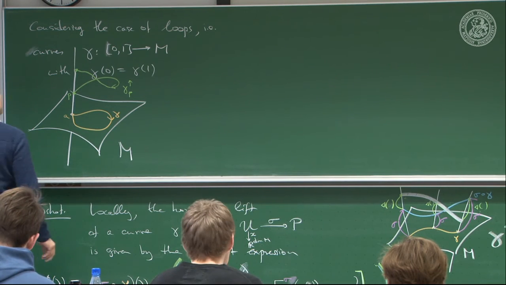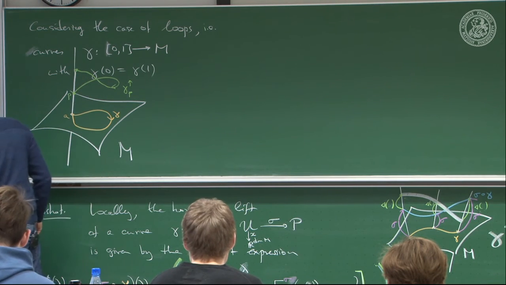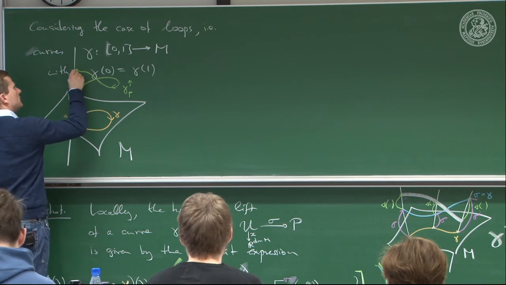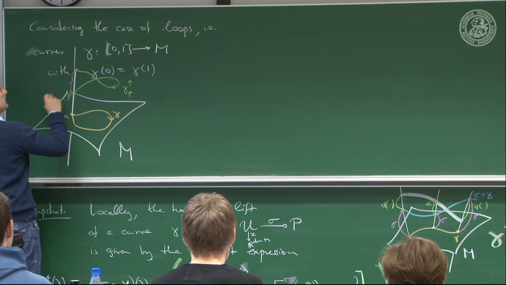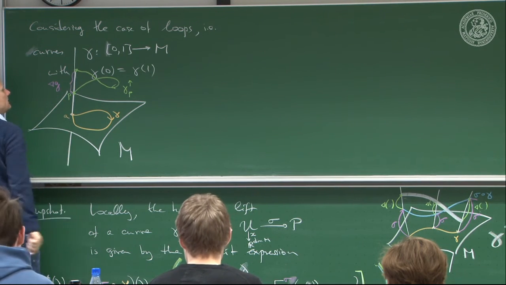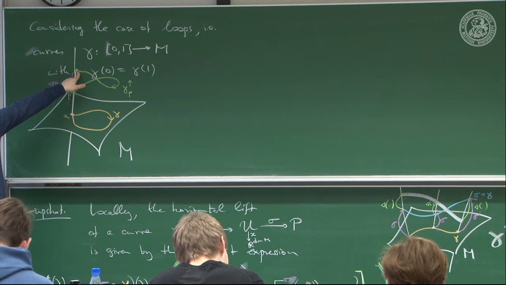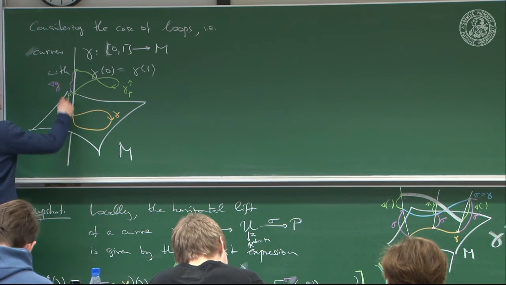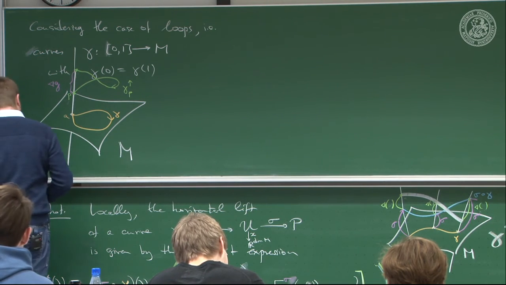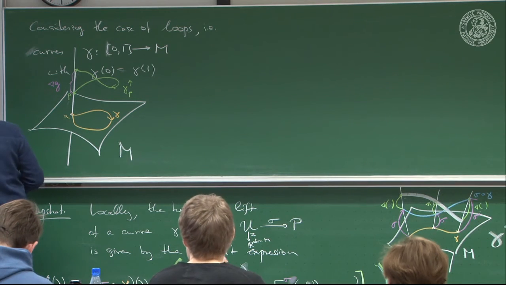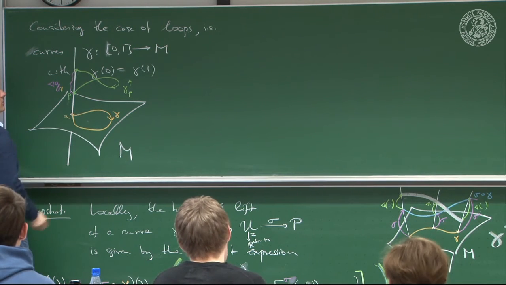And again, once you arrived here, you know that there is a unique little g in the group that acts on this P to produce this guy. Let's call it g sub gamma, because it depends on this curve gamma.